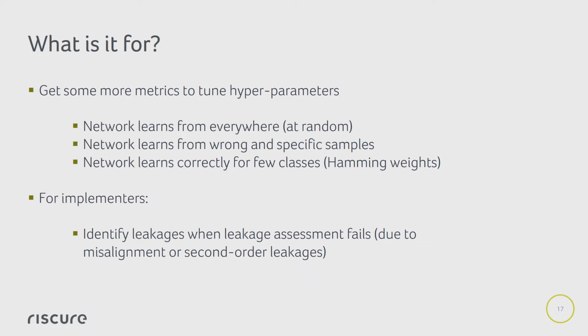If this is happening, then you can see that your target is not protected enough, because a neural network is able to disclose that these mask values can be combined with something else. I believe this is an important assessment for the development phase. Also, when you do a first order analysis on your target and everything fails, it's worth doing this analysis, because maybe some other method can detect second order leakage.